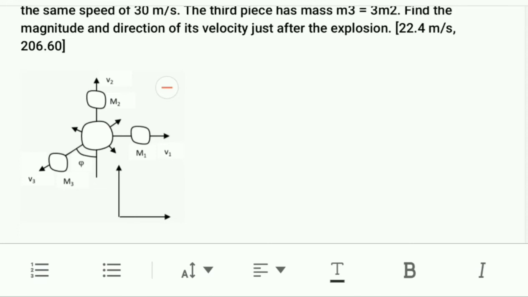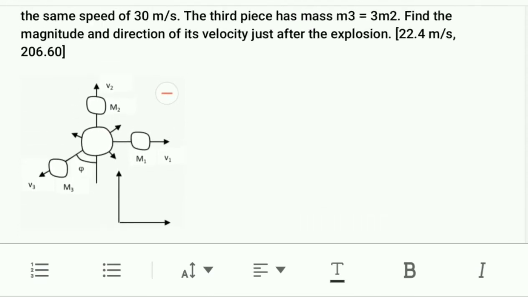Let us see the momentum of the system. How can we write the total momentum for the system? Initially at rest, none of the 3 particles is moving, so the initial momentum for all 3 particles is going to be 0, and we're only going to remain with the final momentum for all the particles, because each particle is going to move in a given direction and at a given speed.